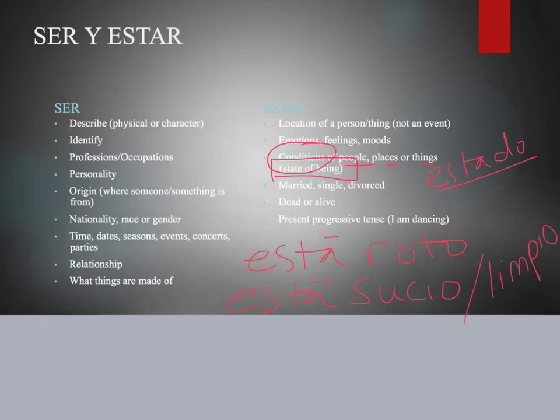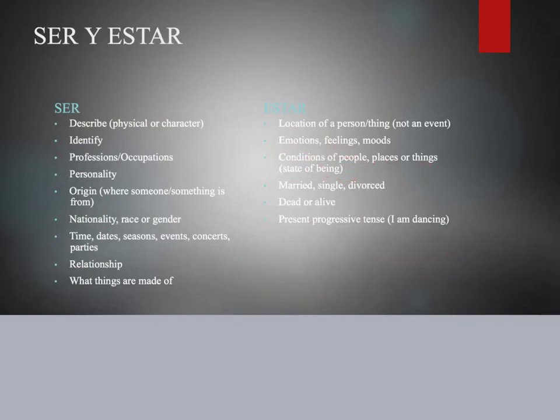Okay, so those are states of being of people, places, or things. We also use it to describe the civil state of people, so married, single, divorced. So we would say, ella está casada, or ella está divorciada.